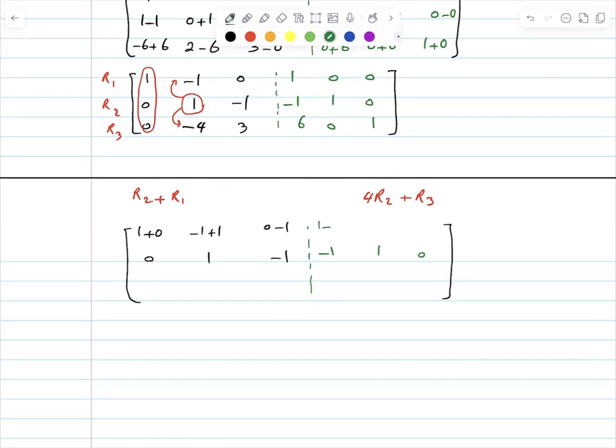Then I have 1 minus 1, 0 plus 1, and 0 plus 0. And down here, I have 0 doesn't change at all. So I have 4 minus 4. I have 3 minus 4. And then I have 6 minus 4. I have 4 plus 0, and then 0 plus 1. Oh, let me change the color here.